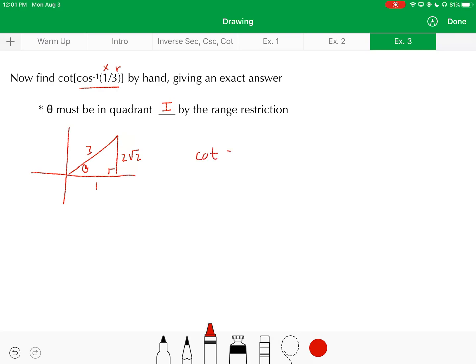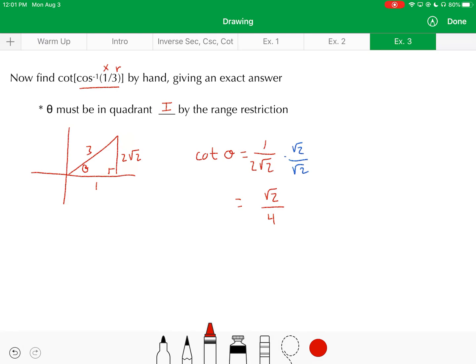I'm just trying to find cotangent of this angle by using x over y from the triangle. Clearly want to rationalize here. That's going to take me to radical 2 over 4.